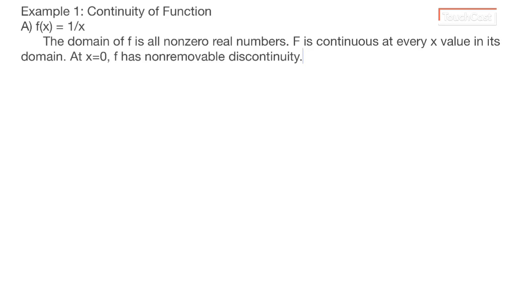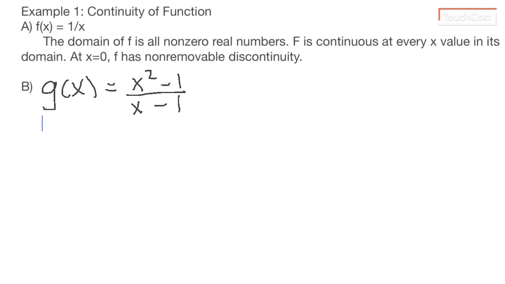So the function is continuous at all points except for x equals 0. Our second function we're going to look at, we'll call this function b, is going to be g of x is equal to x squared minus 1 over x minus 1.